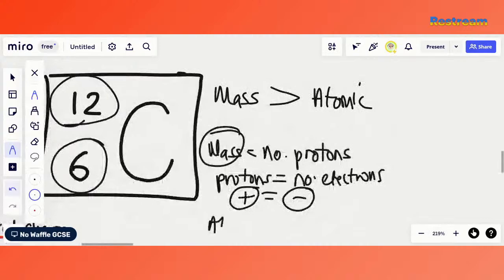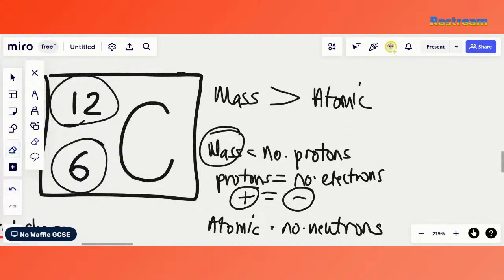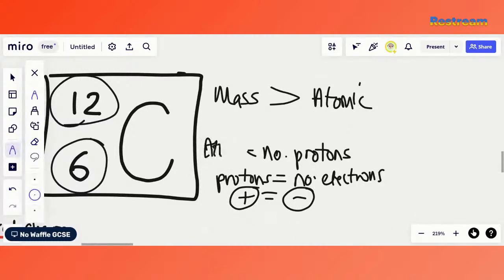Now, the atomic number is just the number of neutrons. Oh no, sorry. I'm getting this confused. Sorry, this is wrong. The atomic number is the number of protons. That makes more sense. And the atomic number is therefore also the number of electrons. And the mass number is the number of protons plus neutrons.